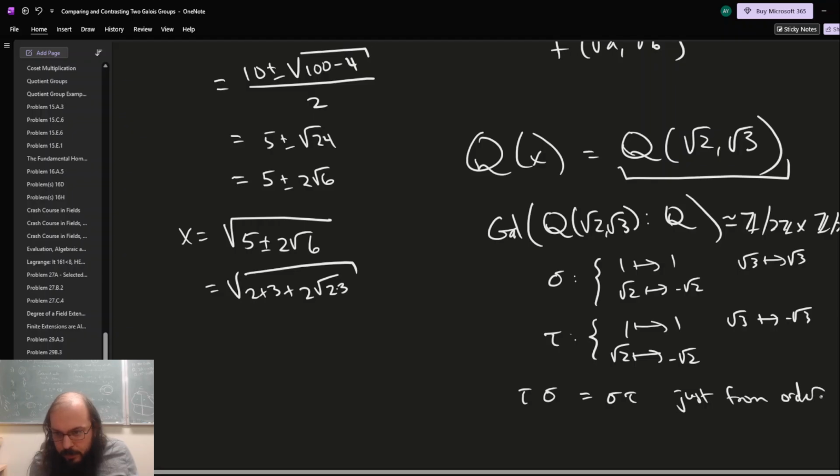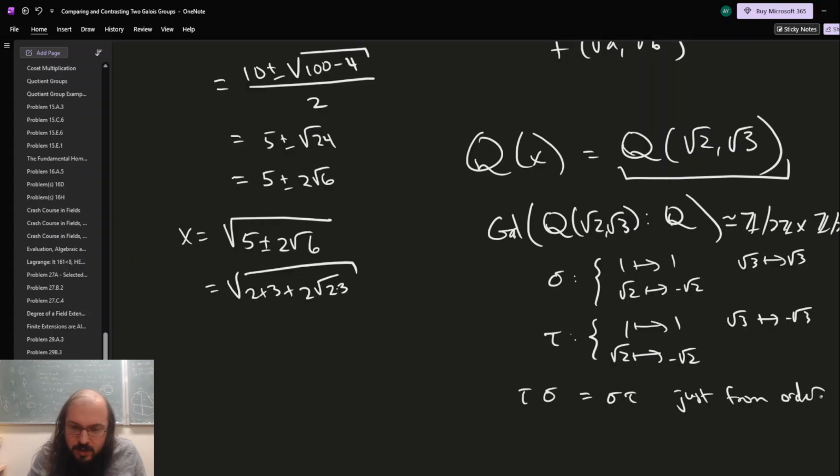But in general, there's no reason why elements of Galois groups have to commute, and they oftentimes won't. And so one of the things that one can do when one is starting to work out the Galois group is take a look at the elements that you find, right? You have maybe some partial information about the root field. You can say, okay, well, what's the order of this element? And then you find another element. What's the order of that element?